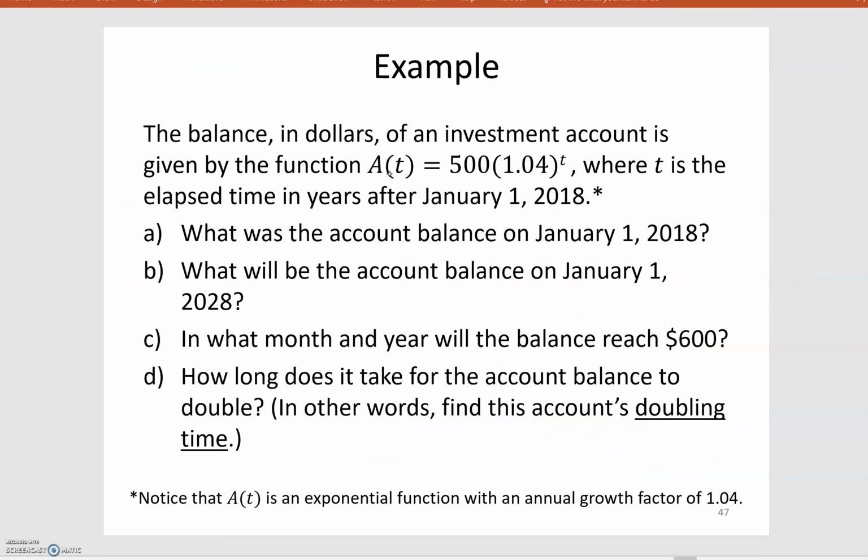So here we go. This is a financial example, and you're going to notice that you will see a lot of financial examples in terms of exponential functions. And that's because exponential growth and decay oftentimes is the appropriate model to use. So we've got an investment account that's given by this following function, 500 times 1.04 to the t, where t is the elapsed time.